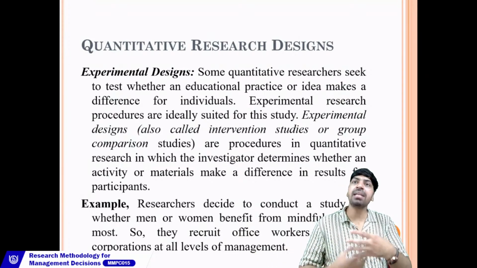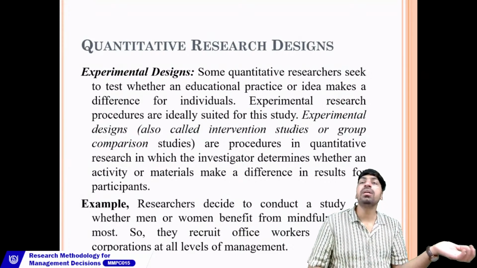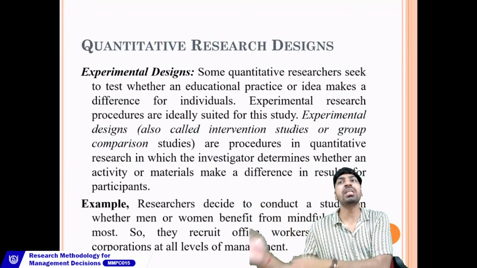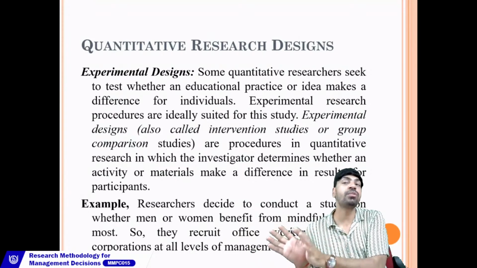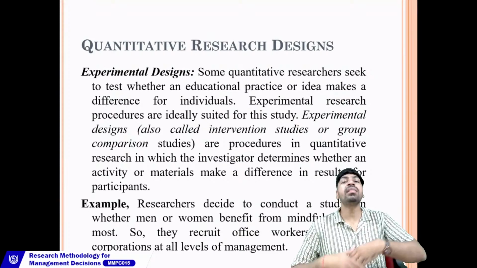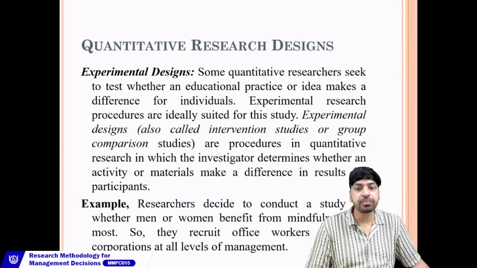When we apply such an action or intervention to the experimental group and compare it with the control group, we see whether the particular issue has been controlled or not, and that's called the experimental design.